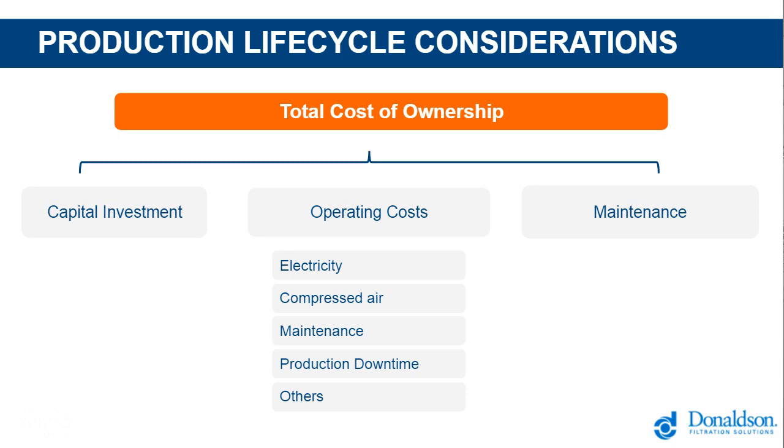Those include electrical power, compressed air, maintenance, production downtime you need to factor in, and some other hidden costs. And next to that, a complete system maintenance, whether that's schedule-based or potentially even condition-based. We'll touch upon that later on. All of these three blocks determine your total cost of ownership.